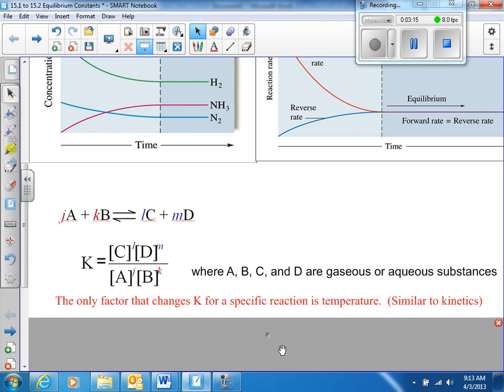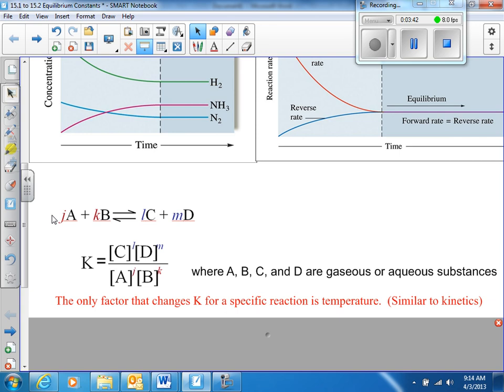Okay, very similarly to kinetics, the only thing that affects K, the equilibrium constant, is temperature. Nothing else changes K. If we change reactant or product concentrations, that does not affect K. If we change the concentrations of the products or the reactants, that will just change our final equilibrium conditions.